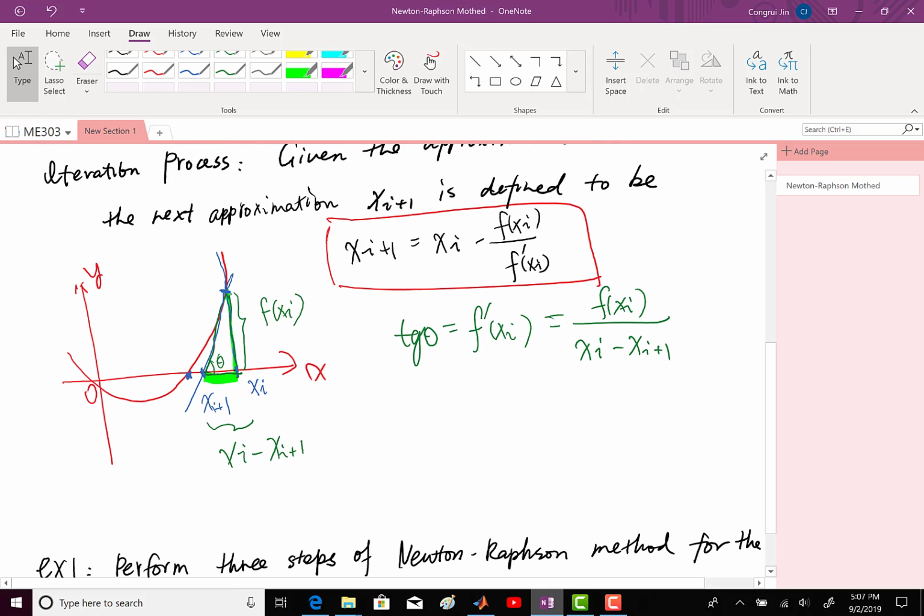Then we can multiply both sides by xi minus xi+1.